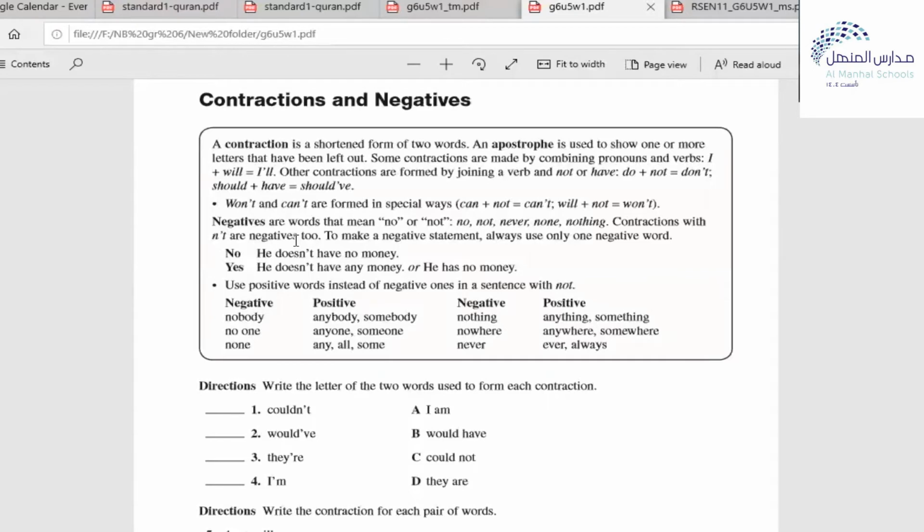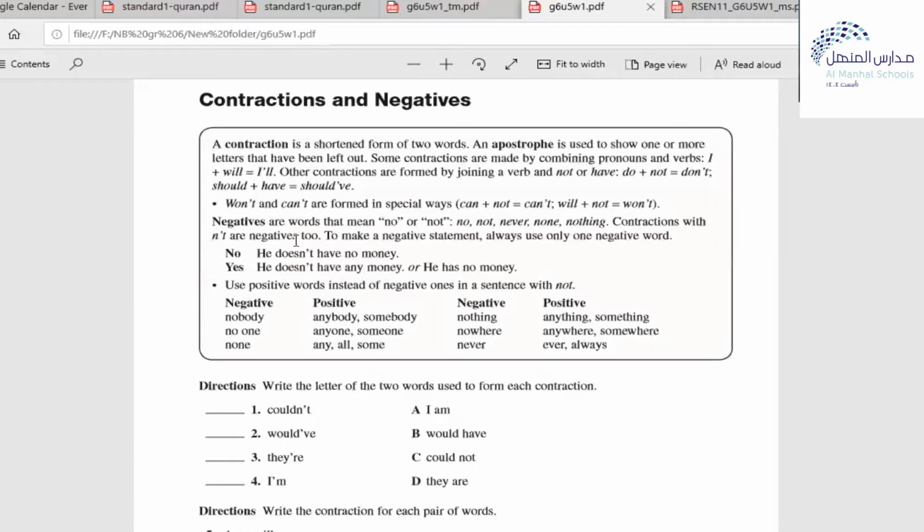Contractions with n-apostrophe-t are negatives too. To make a negative statement, always use only one negative word. It is wrong to say he doesn't have no money. But it is correct to say he doesn't have any money, or you can say he has no money.